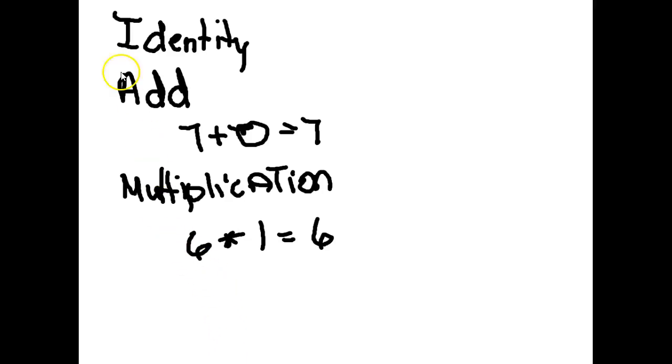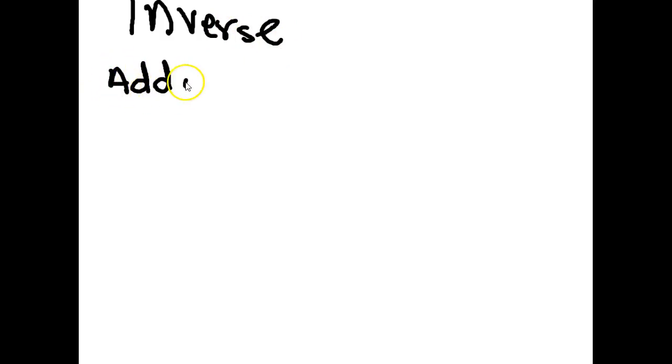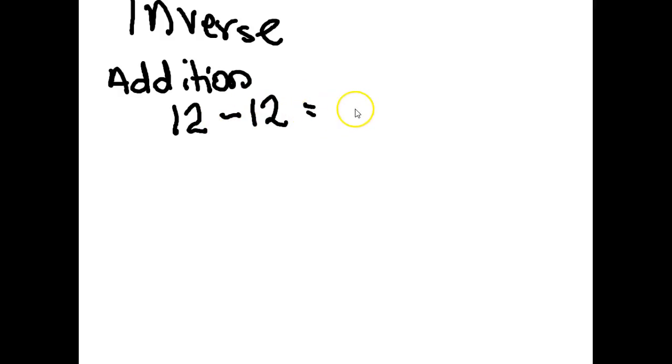I'm going to talk about the inverse. The inverse is sort of the opposite of the identity. So for addition, if I have the number 12, and I subtract 12, I'm going to get 0.